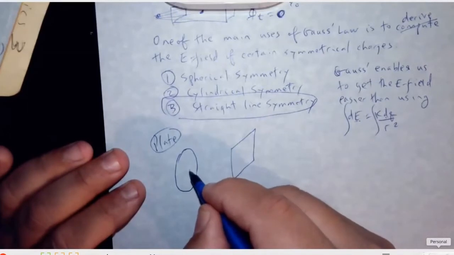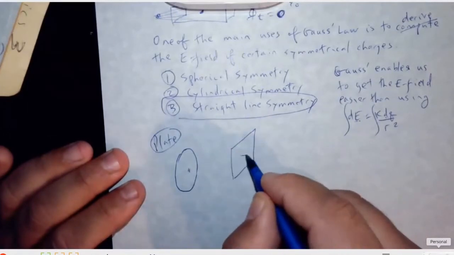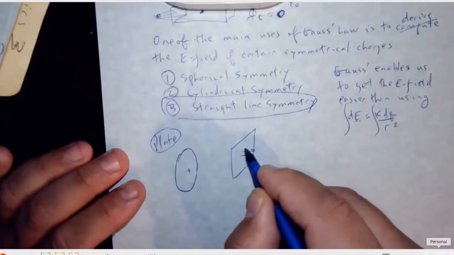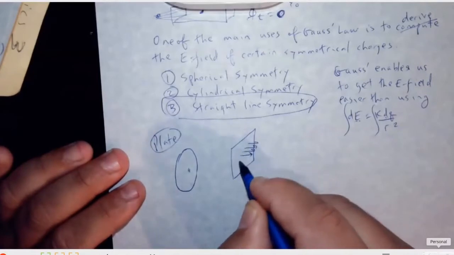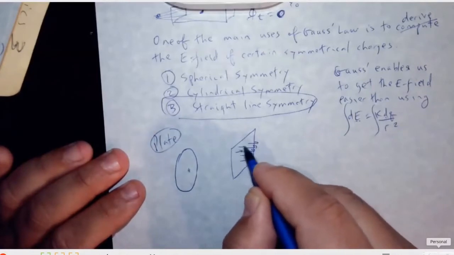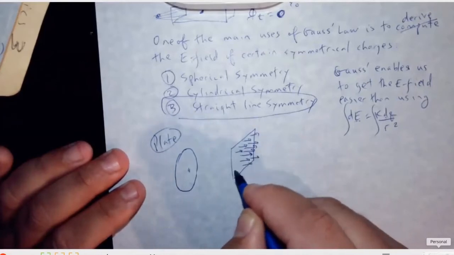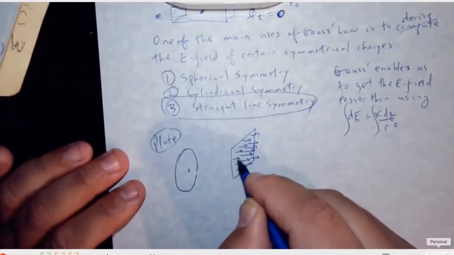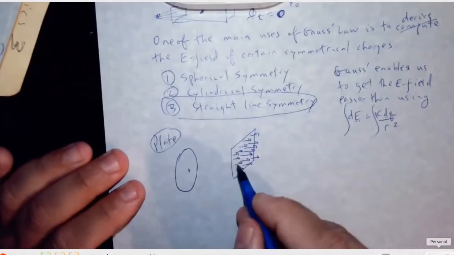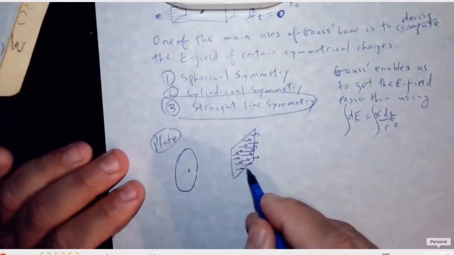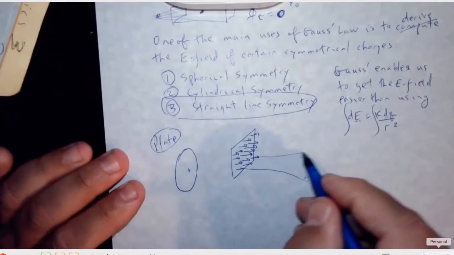As long as you're close, the electric field will come out straight from it. Kind of like your TV screen, your computer screen, the electric field coming from it is straight for a while. And then when you get far away, the electric field starts bending.